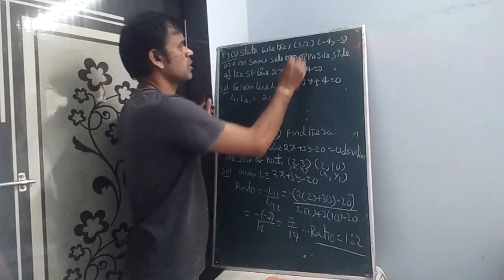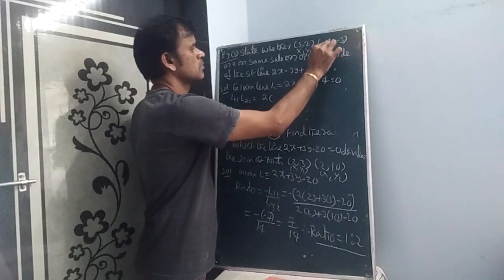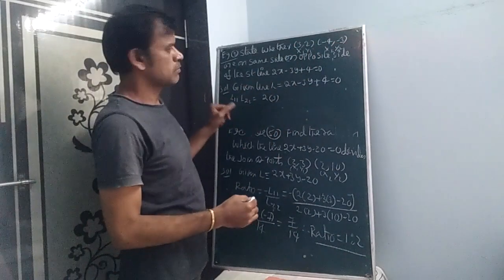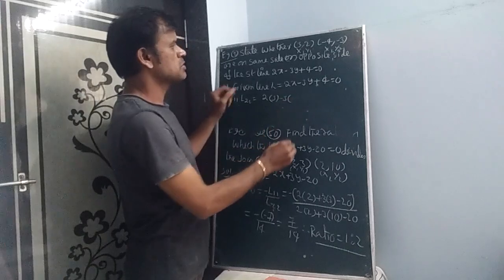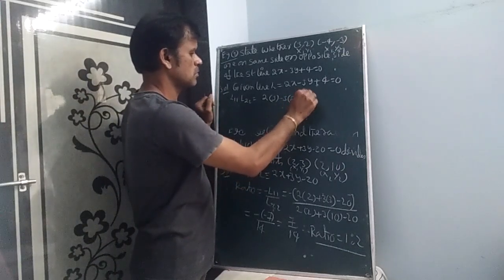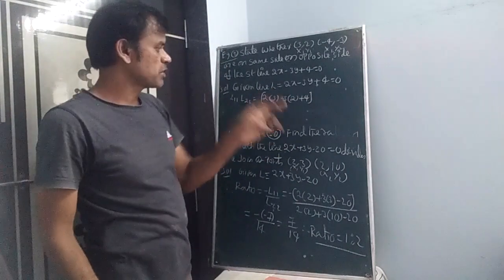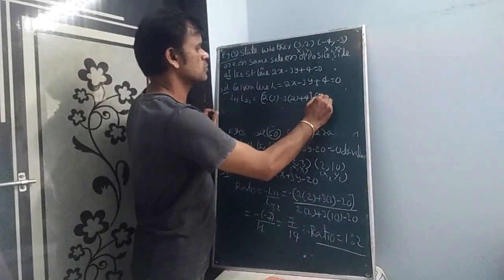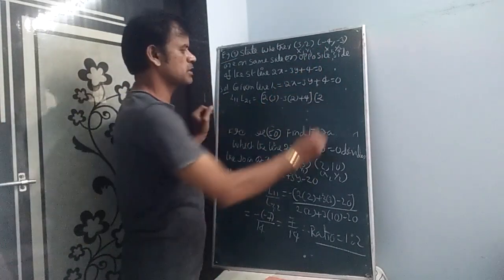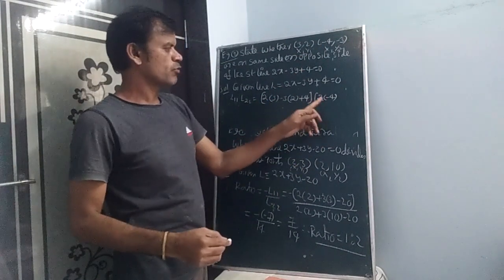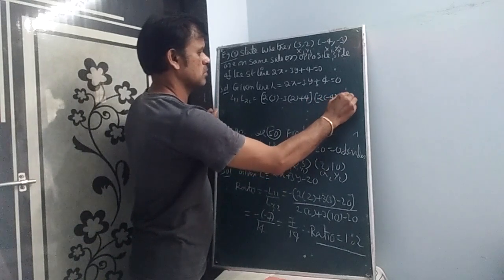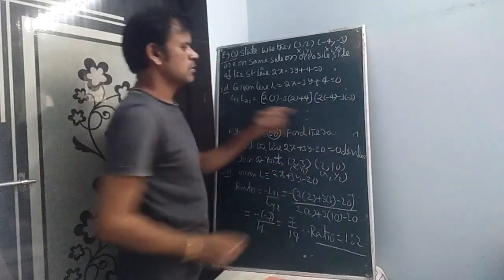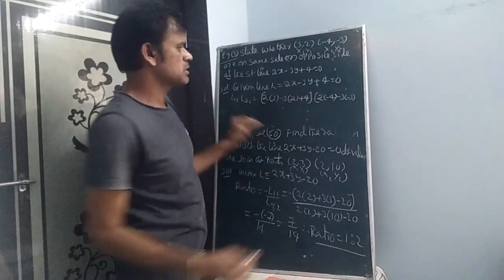So 2 into 3, minus 3 into 2, plus 4, and then 2 into -4, minus 3 into -3, plus 4.